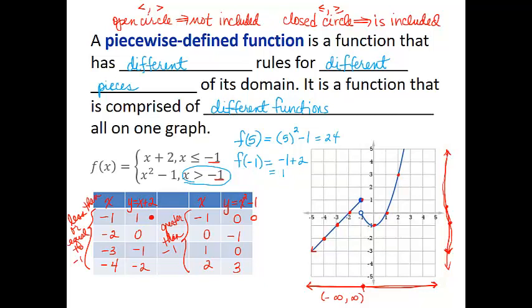So my range is also all real numbers here. Now understand, even though there's an open circle at this 0, the other graph actually included that y value. So right, we're just projecting all of the y values onto this number line to see what y values are used in the graph. And so we don't have to make a separation there because it's actually included in one of those pieces.